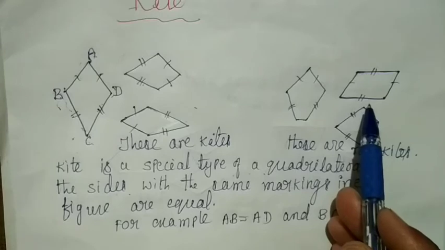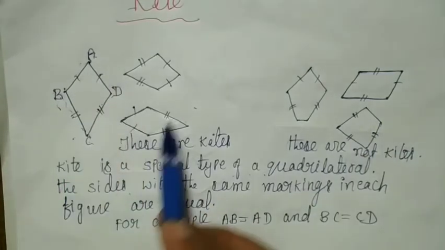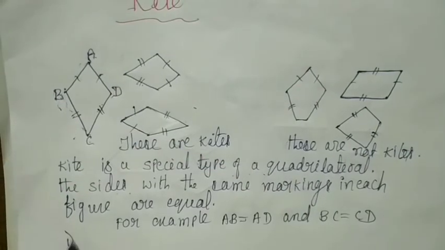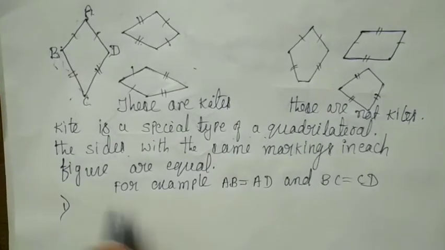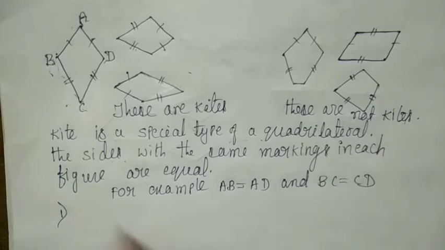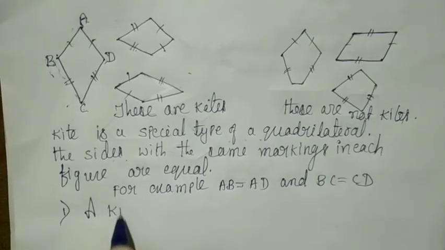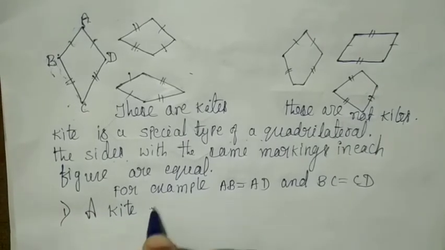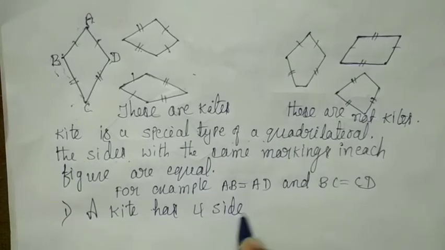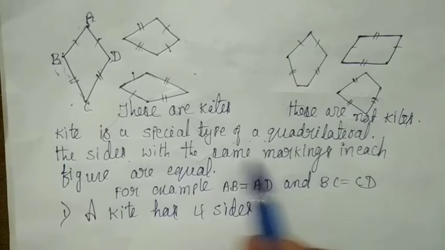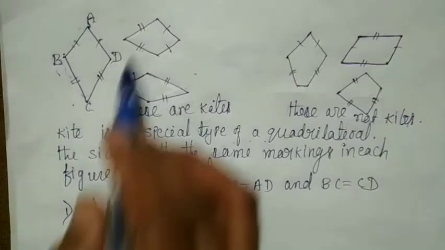Next we observe that first one: a kite has 4 sides. Look at this. A kite has 4 sides.